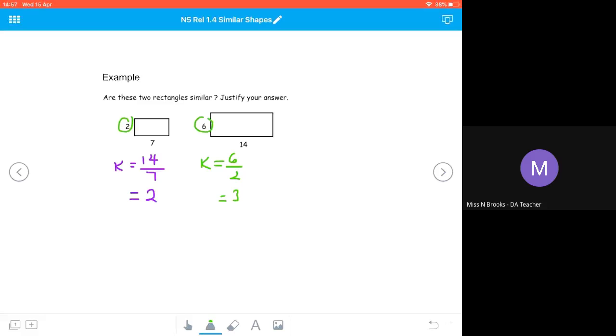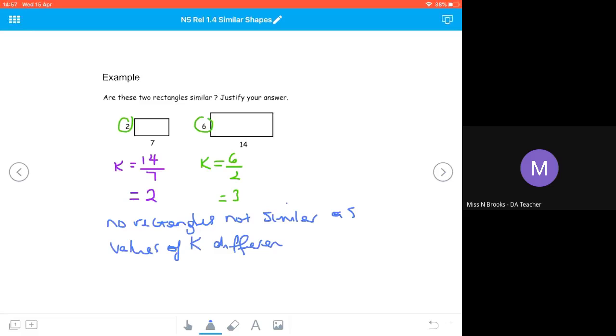So the answer to my question, are these 2 rectangles similar, is no, the rectangles are not similar, as the values of K are different. In other words, 2 doesn't equal 3.